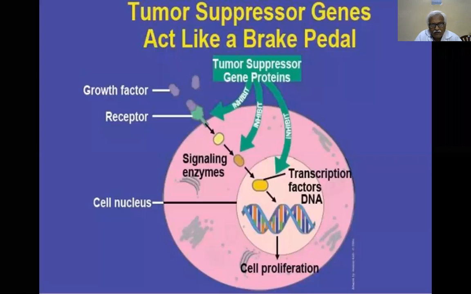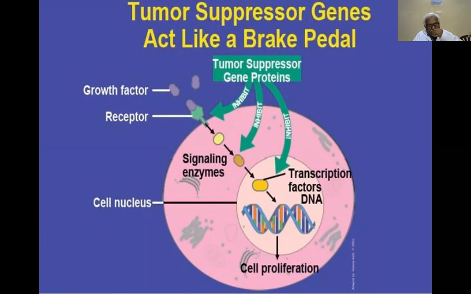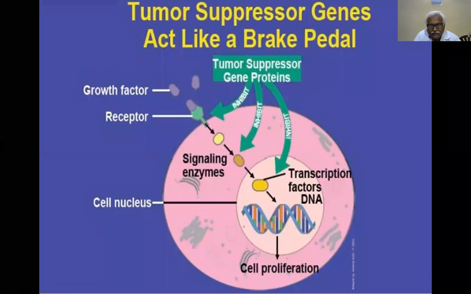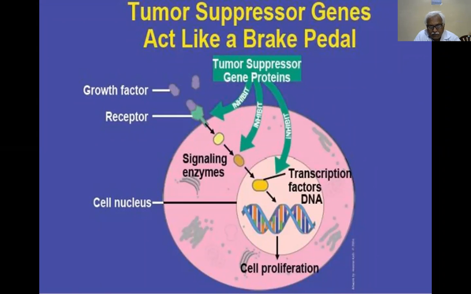That's known as anti-oncogene. These are just like brake pedals. Tumor suppressor genes act like a brake pedal. Growth factor will attach to the receptor. There itself, first, tumor suppressor genes will inhibit the attachment of growth factor to the receptor. Then once it enters the cell, signaling enzymes should start getting produced, and that will be inhibited by tumor suppressor gene proteins.